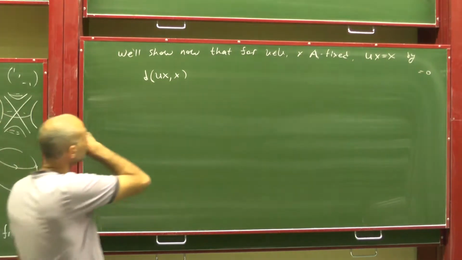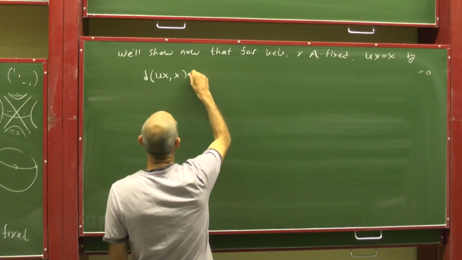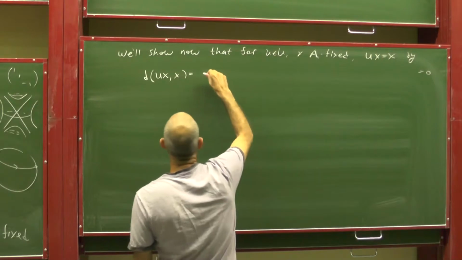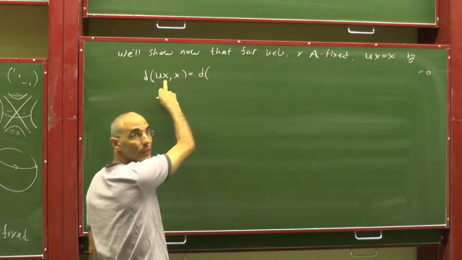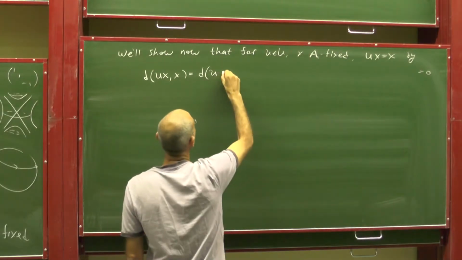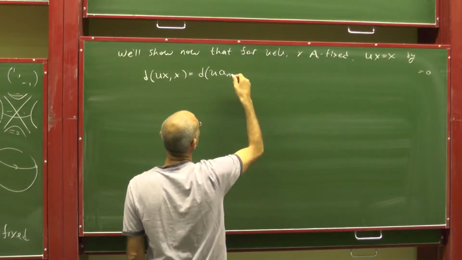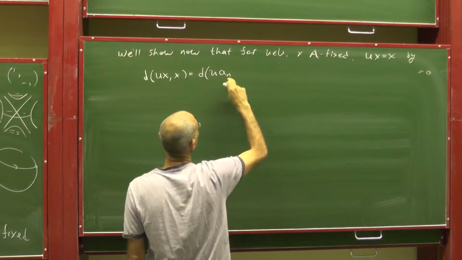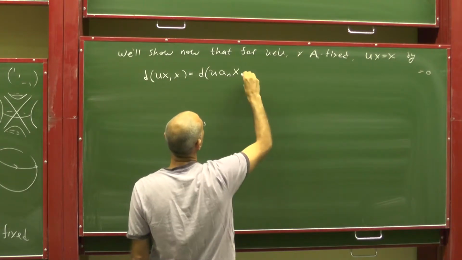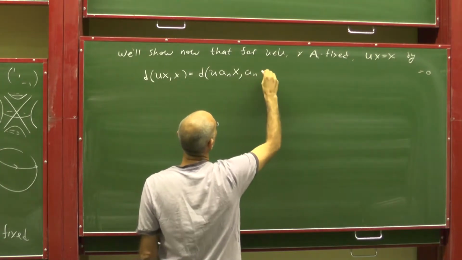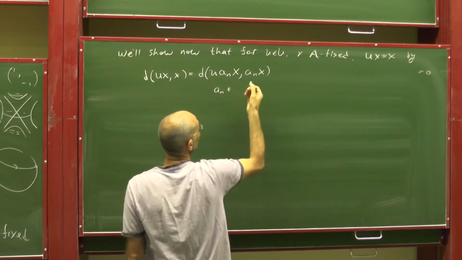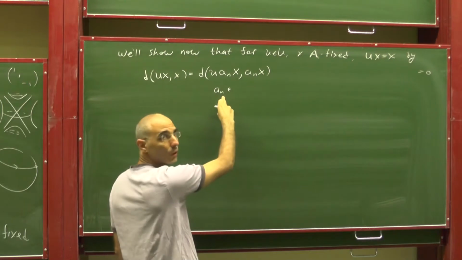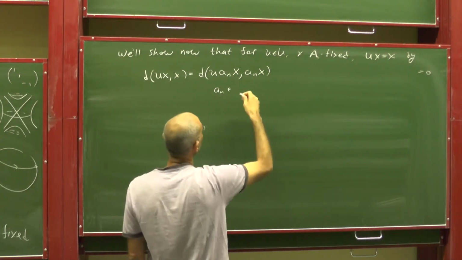So, now since x is A fixed, I can apply here any element. I will take a sequence a_n, any a_n that I can think of, I will pick it in a minute.